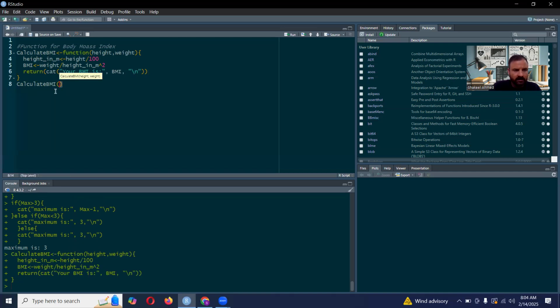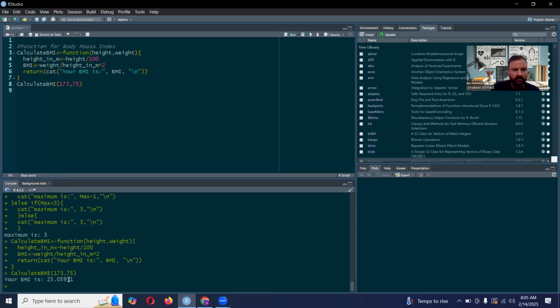The input is, for example, your height is 173 centimeters, and your weight is, for example, 75 kg. And you can just calculate your BMI. Your BMI is 25. You are perfect.